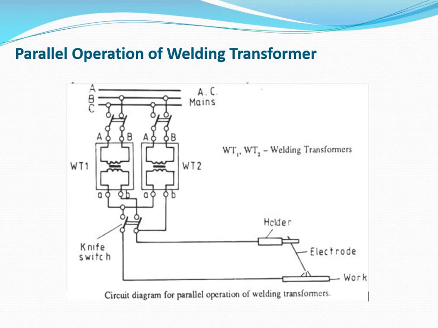The precaution needed for such parallel operation is that the no load or open circuit voltages of the transformers should be the same. So this is the condition for the parallel operation of two welding transformers to obtain the desired welding current.